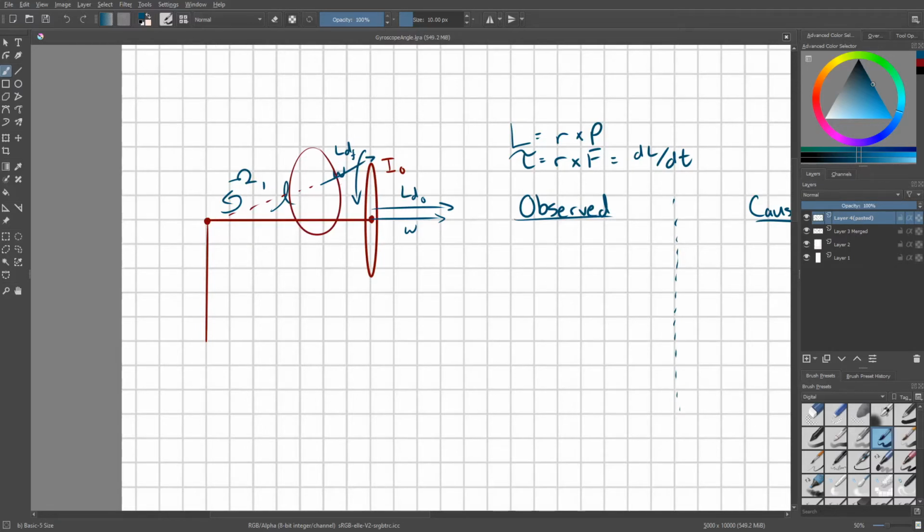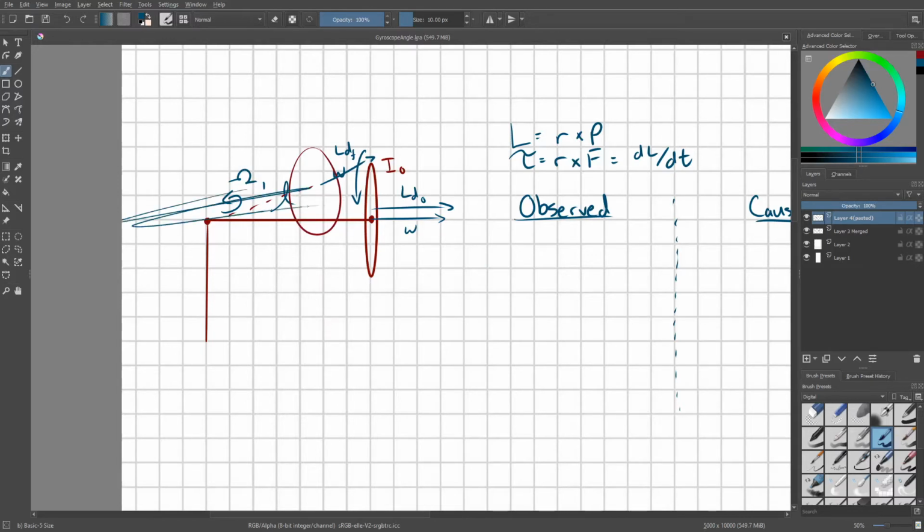We can use L_D, therefore, as a method to track the wheel. So if there's L_D over here, then we can conclude that the wheel must be at this position, right? Okay. I'm going to make a diagram with L_D naught and L_D final, okay?